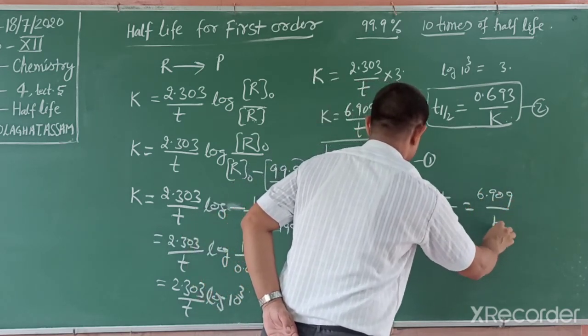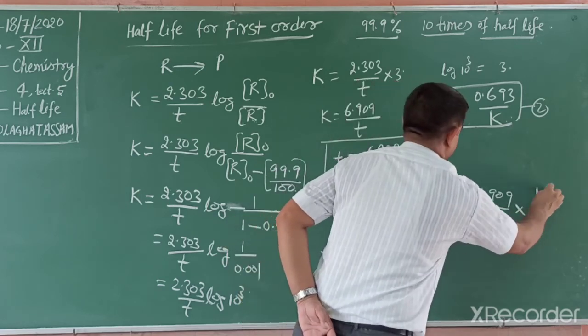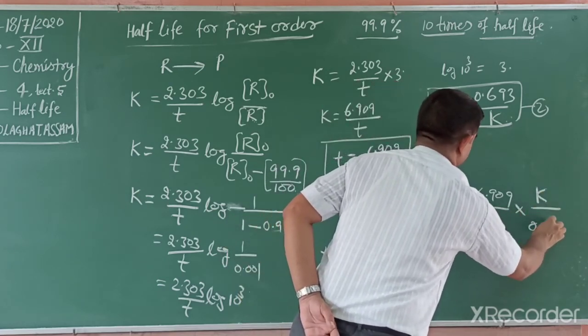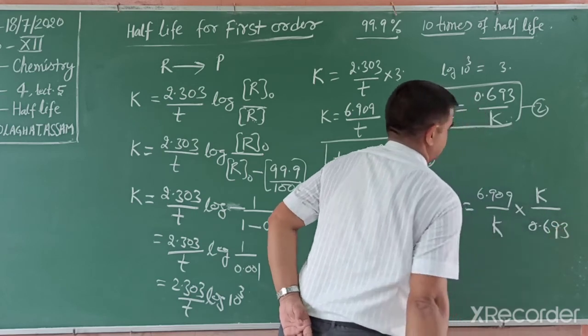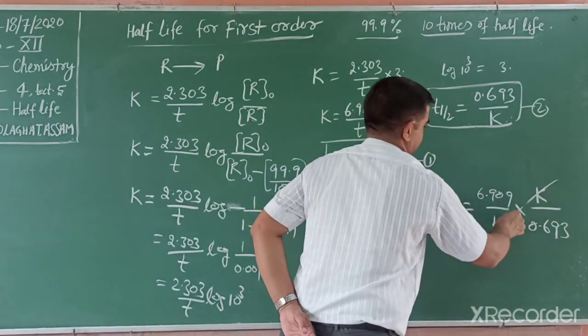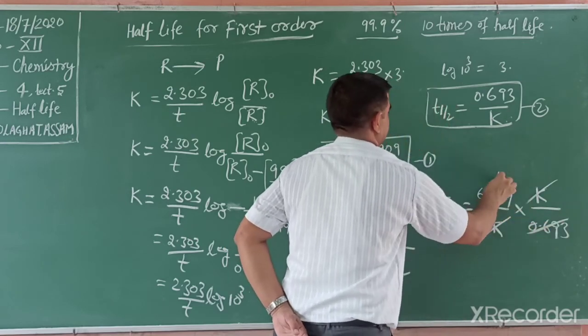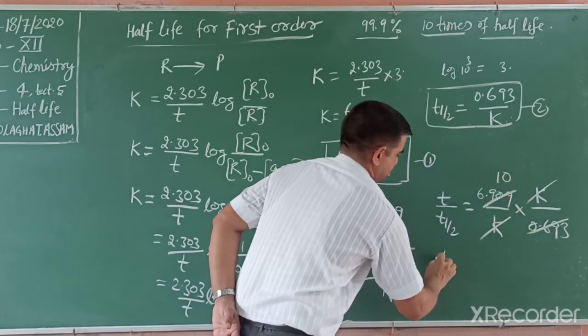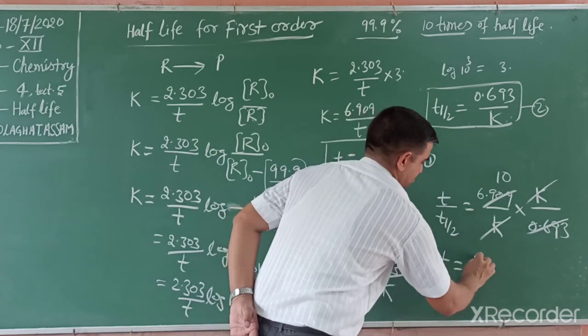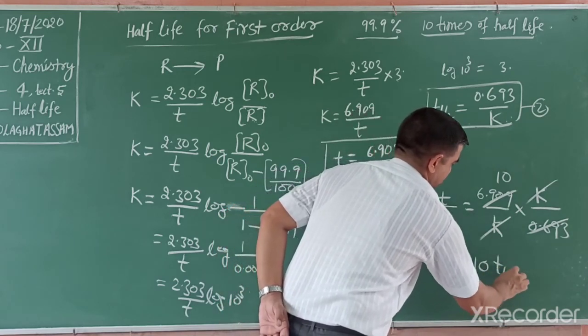So students, when we solve this, T divided by T half is equal to 6.909 by K into K by 0.693. K cancels K, and overall this is 10 times. So we write T is equal to 10 T half.